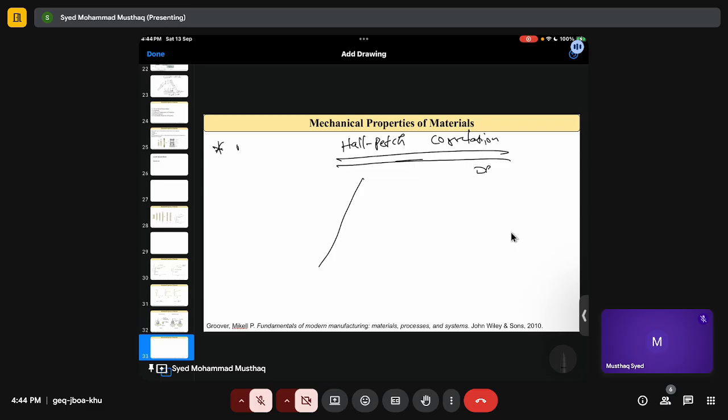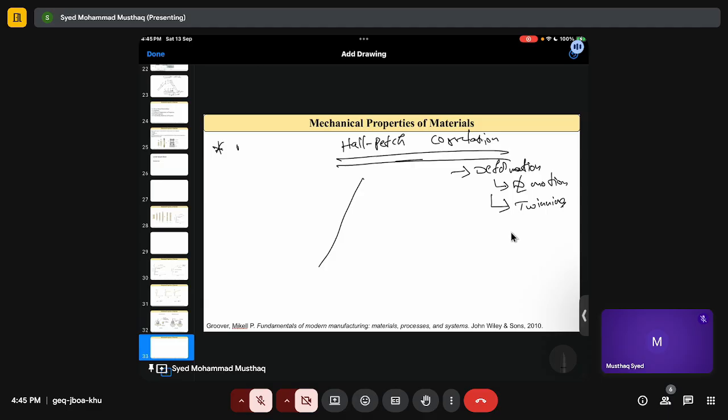Deformation takes place in two ways. One, dislocation motion. Two, twinning. Dislocation motion is nothing but the movement of one atomic plane at a time. But twinning is a collective movement of atomic planes. It is a vague explanation, but still it helps to understand normally.